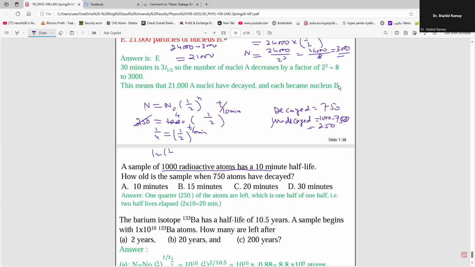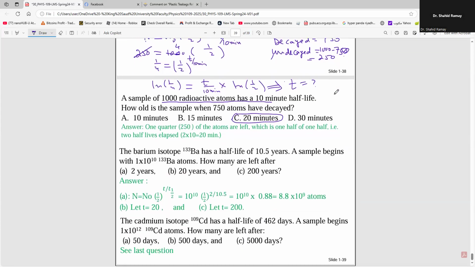Here ln(1/4) is equal to t over 10 minutes multiplied by ln(1/2). Now you can solve this one. Solve and write the answer. You have to find the t value. So the answer will be t equals 20.